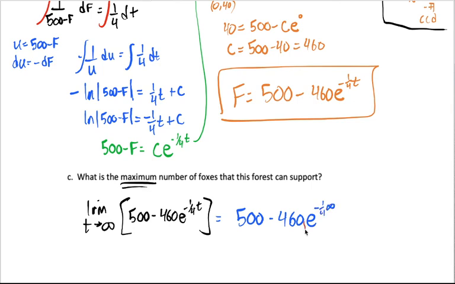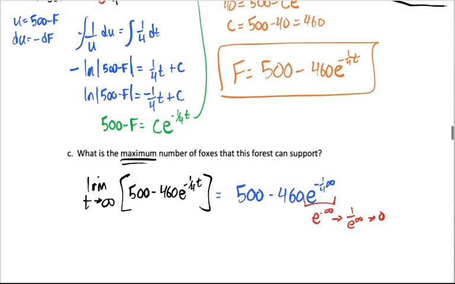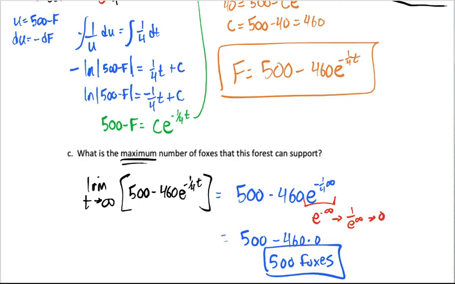So 1/4 of infinity is still just going to be infinity, so this is still an e to the negative infinite power, which is a 1 over e to the infinite power, which is a 0. On the AP, you will not need to show all of those steps, but you should show that this just drops to 0. So we'll get 500 minus 460 times 0, which is just 500 foxes, is our max number of foxes.